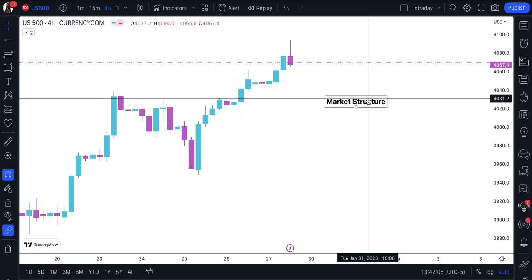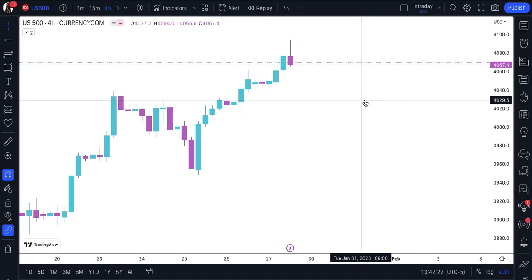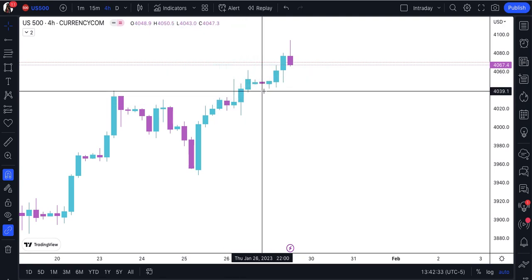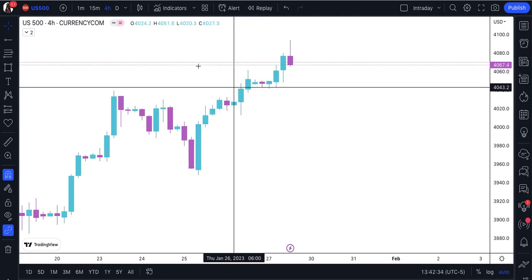Market structure is just basically highs and lows, and higher highs, higher lows, lower highs, lower lows, that kind of stuff. So we have swing lows and swing highs, essentially.